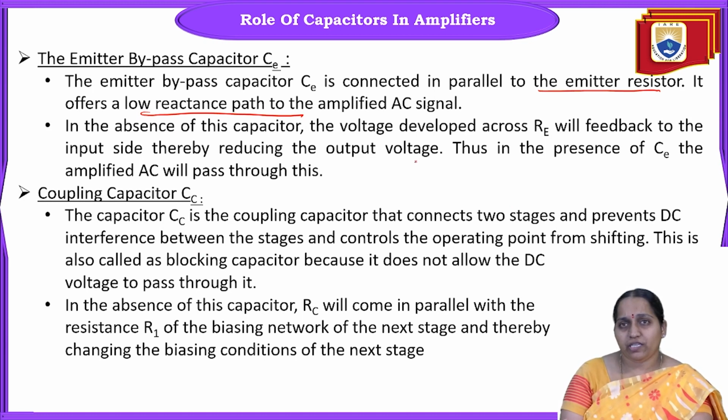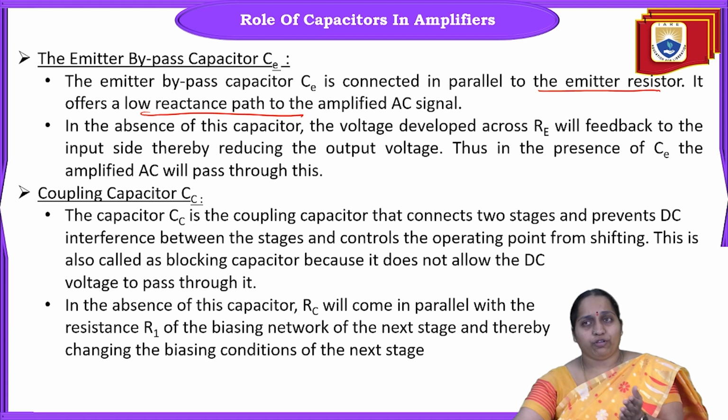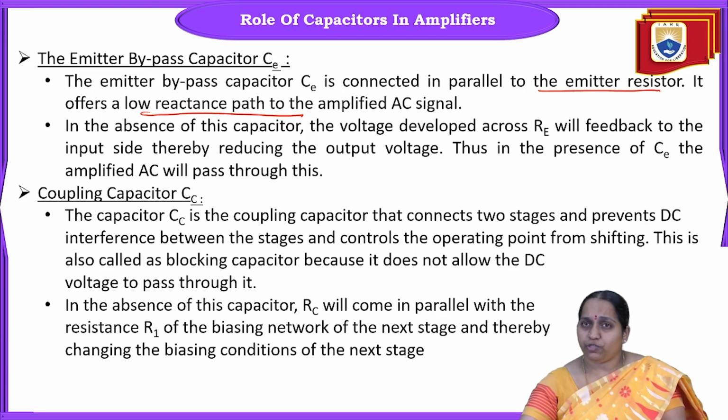So if CE is not connected in parallel with RE, whatever voltage is developed across RE will go in feedback to the input side. As a result, whatever output voltage was present will be reduced.